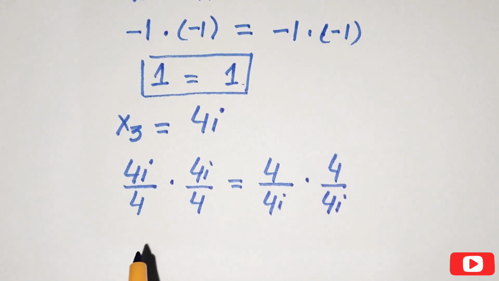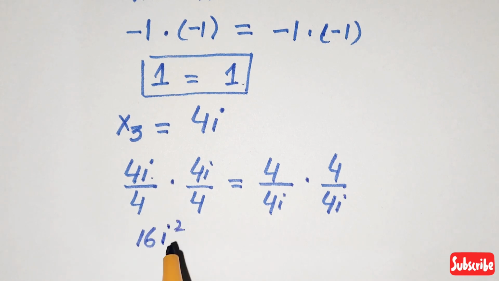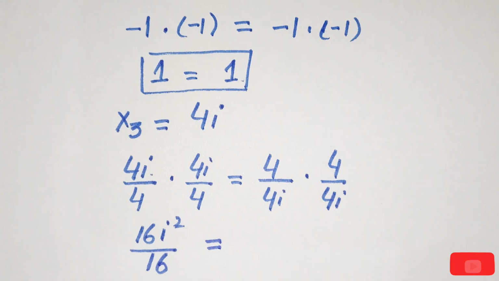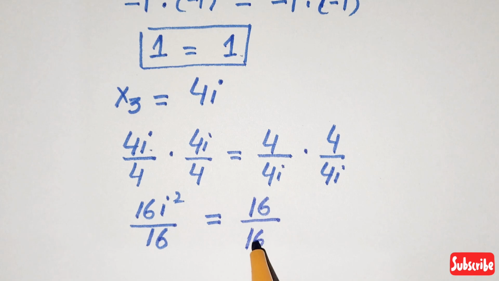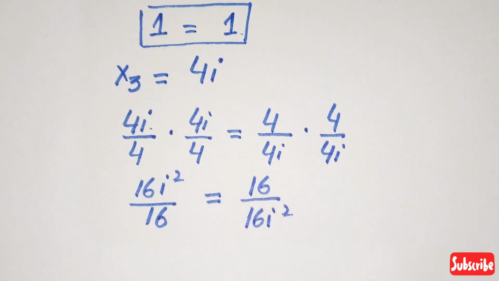So 4 times 4 is 16, and i times i is i squared, divided by 4 times 4 which is 16, and on the right side again 4 times 4 is 16 and 16i squared.